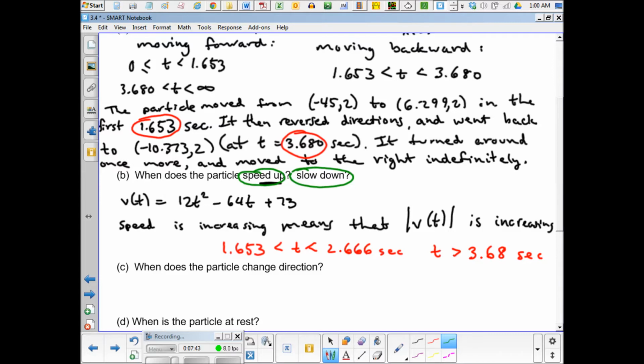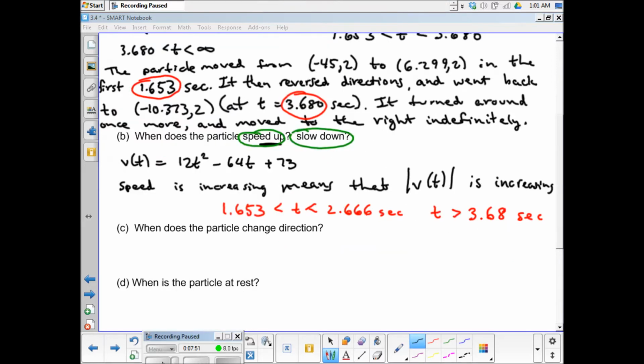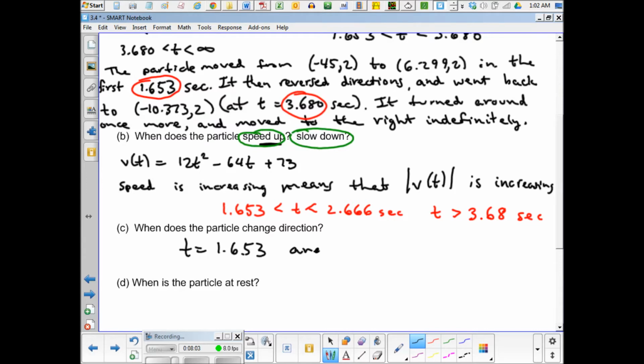Okay, where is the velocity increasing? That's a different question. For that, we'll take off the absolute values and look at the graph for velocity. Okay, then it says, when does the particle change direction? We actually already talked about that. That was at t equals 1.653 and t equals 3.680.